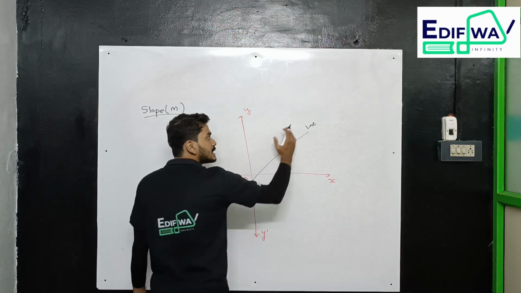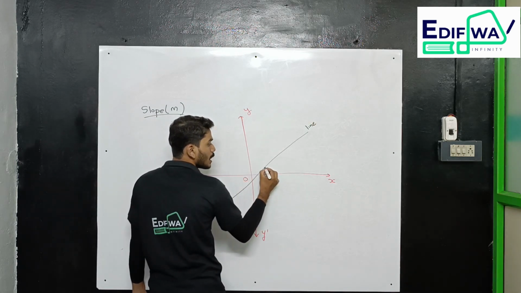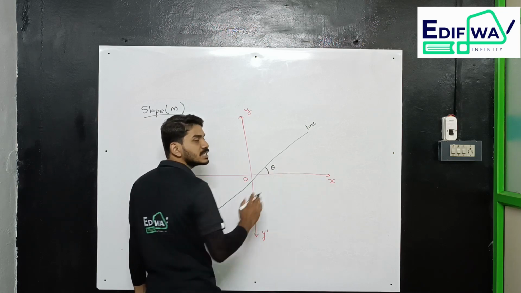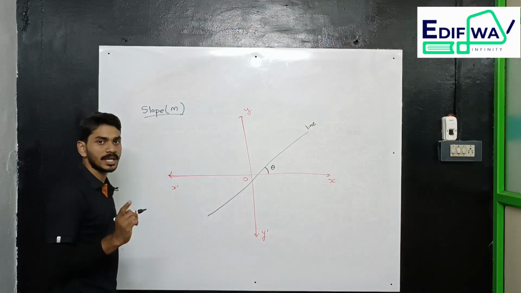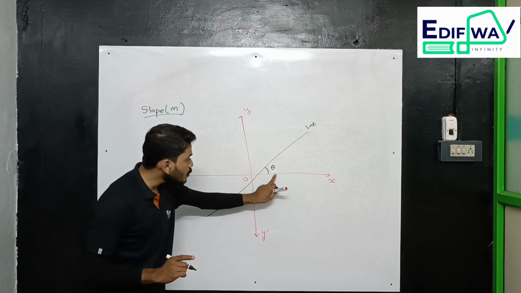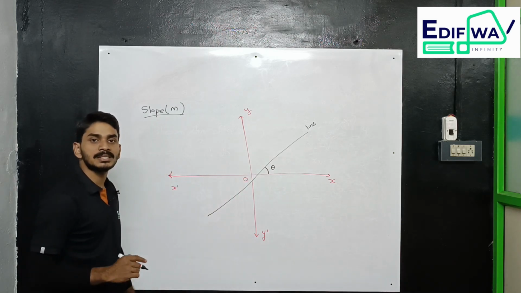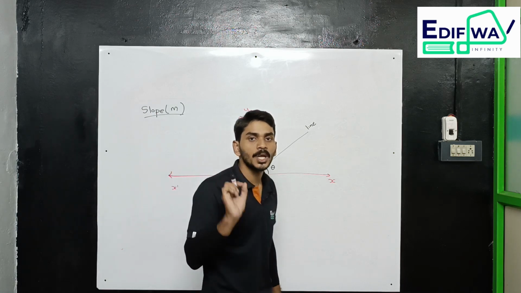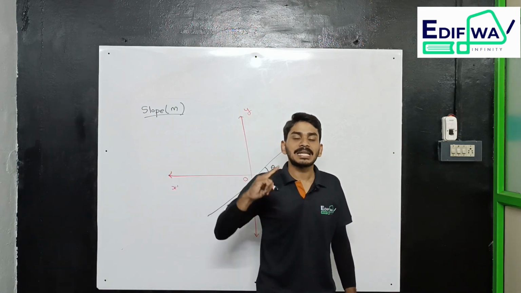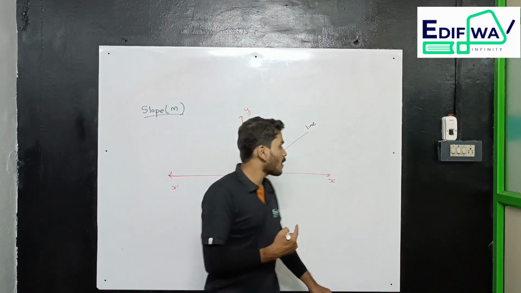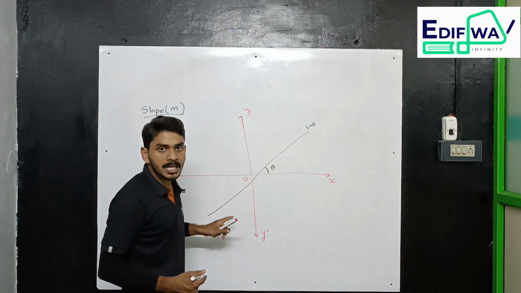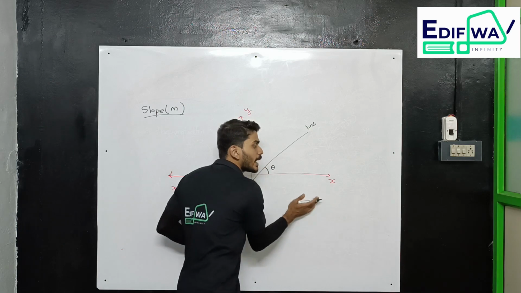Suppose this line is making an angle theta with the positive x-axis. Then the tan value of this angle is called the slope. So how can you define slope? Slope is the tan value of the angle made by a line with the positive x-axis.